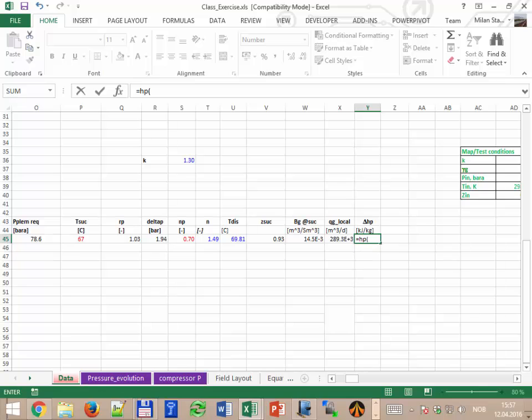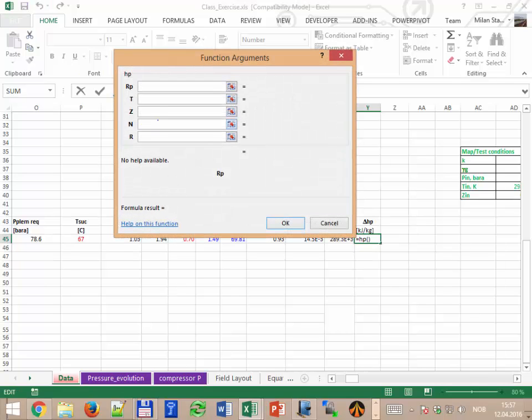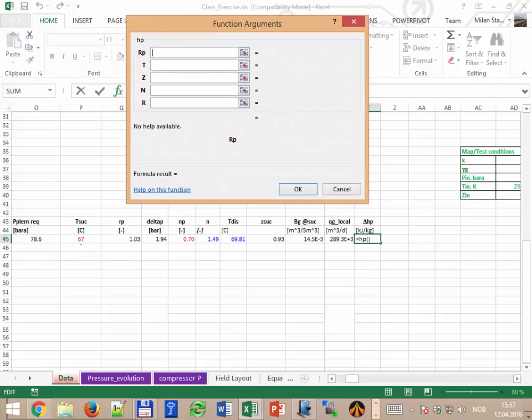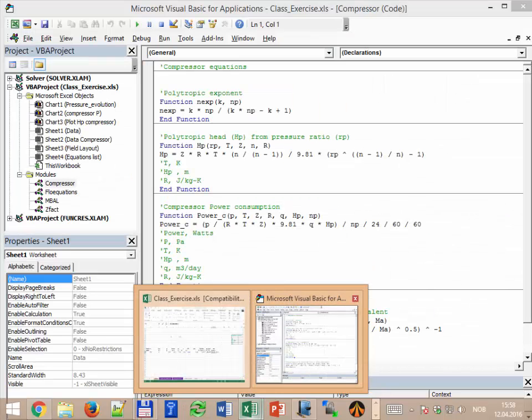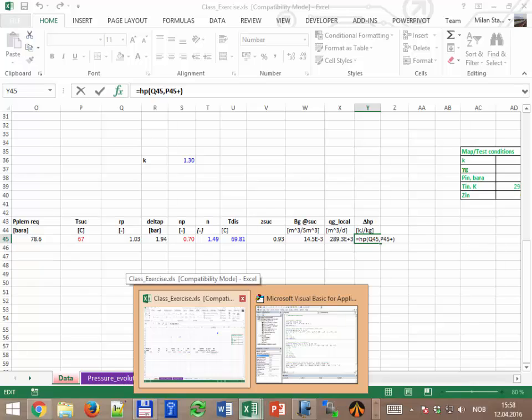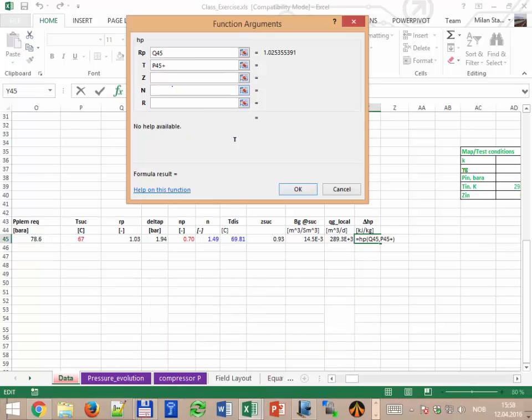HP has the pressure ratio that is here, has the temperature that is here, and it has to be again in Kelvin. Okay, so we have to put 273.15.